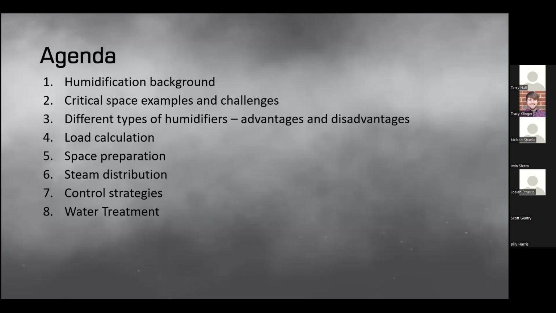Then we'll talk about controlling humidifiers, and a little bit about water treatment. Depending on where you are in the country, water quality can be very challenging, so water treatment becomes a big advantage when using humidifiers.